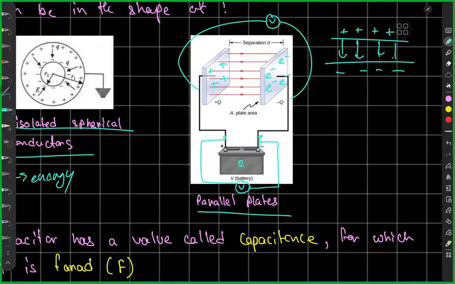This voltmeter says the potential difference across the 12 volt battery is 12 volts. And now what will this voltmeter tell me across the two plates of the capacitor? This entire thing that you see is a capacitor. What will the potential difference be? Any idea? 0. Yeah.